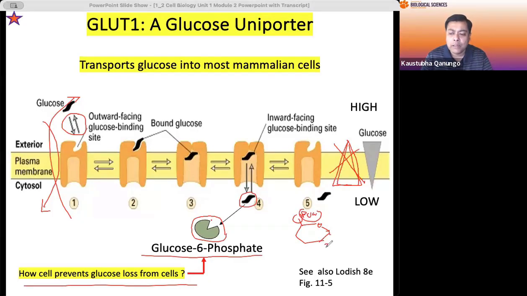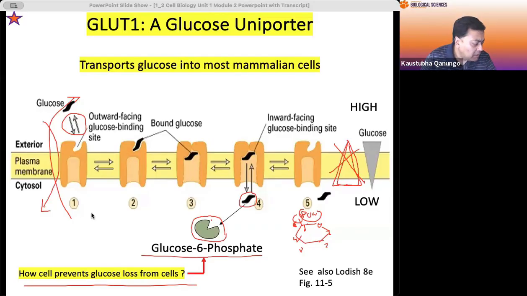And this is your carbon 1, 2, 3, 4, 5, and 6. So you put a phosphate on the 6th carbon, which gives glucose 6-phosphate. So glucose is phosphorylated, and phosphorylation of the glucose prevents the glucose from leaving the cell. So this is basically a built-in mechanism for preventing glucose loss.